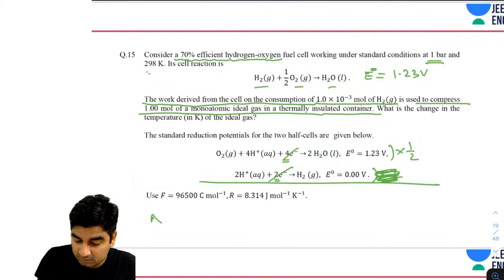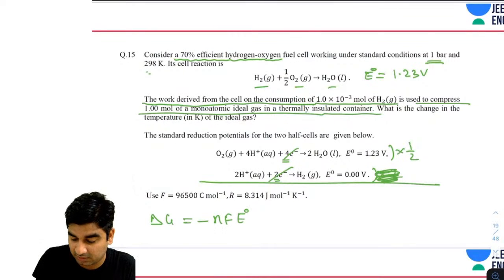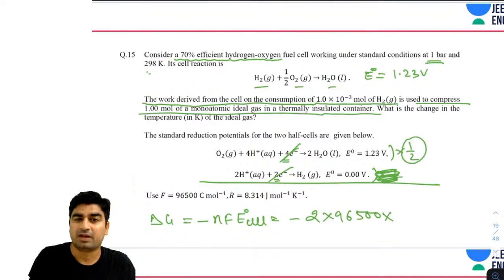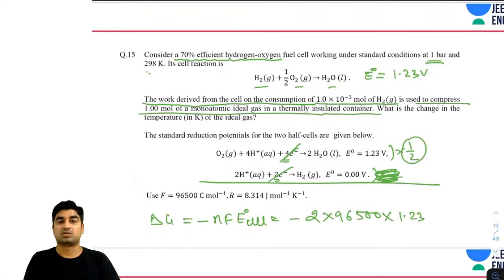So work done during the electrochemical cell will be equal to minus nFE naught cell. Because there are 2 electrons, you will write 2, 96500, and E naught cell is 1.23. Okay guys, so this is the work done you are going to get.